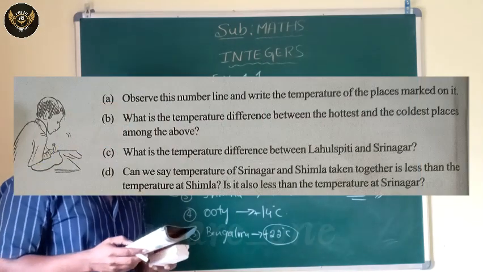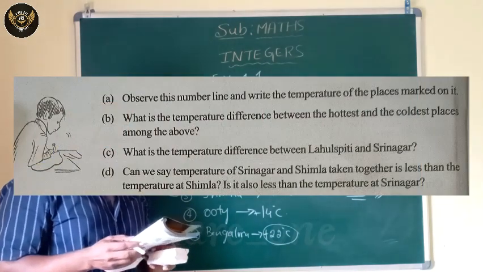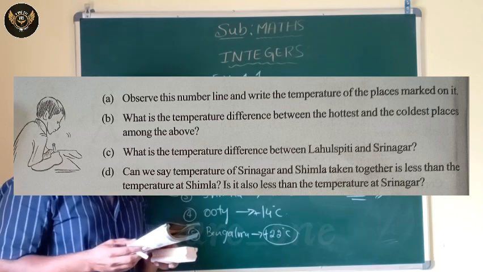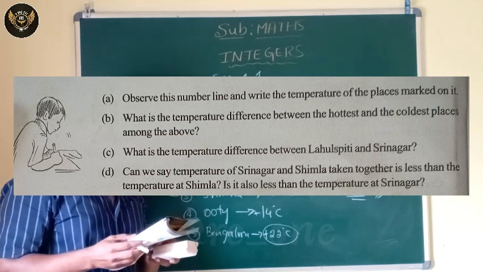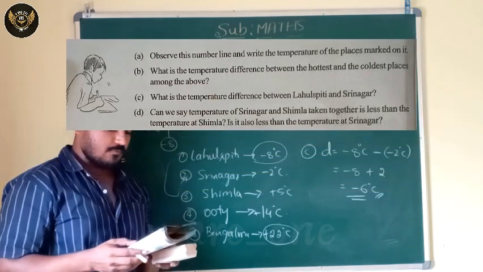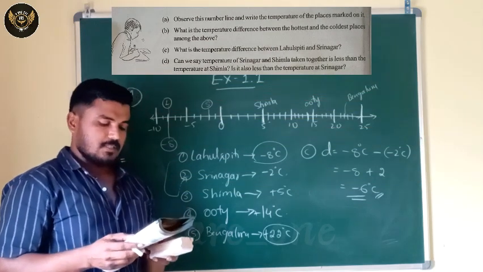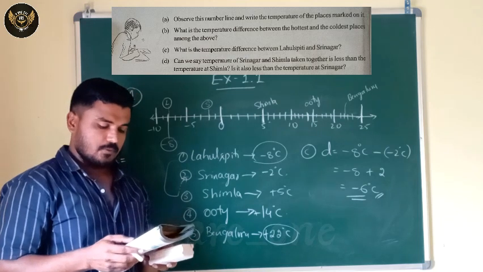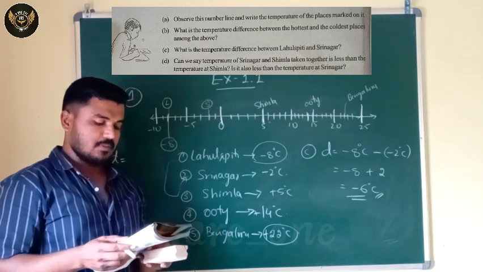Can we say the temperature of Srinagar and Shimla taken together is less than the temperature at Shimla? Is it also less than the temperature at Srinagar? Okay. Now they asked for the temperature of Srinagar and Shimla taken together, add both, and compare whether it is less than the temperature of Shimla.